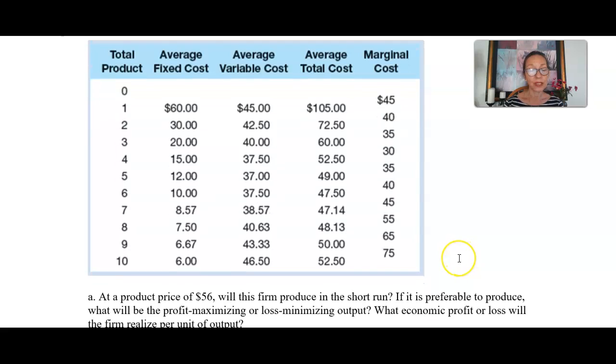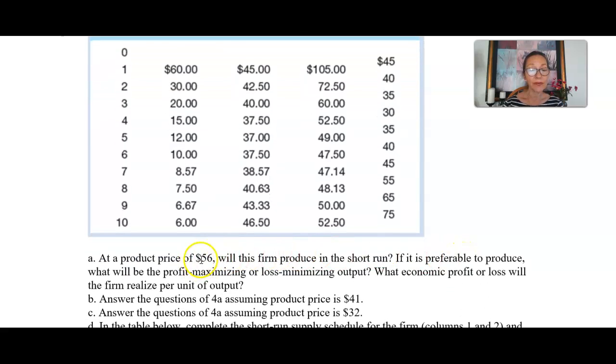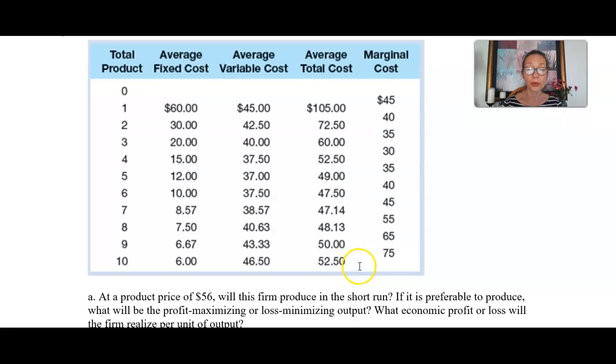The next part, the question says, at a price of $56, will this firm produce in the short run? If it is preferable to produce, what will be the profit maximizing or loss minimizing output? What economic profit or loss will the firm realize per unit of output? So that's a lot of questions to answer. The first question is, should they produce in the short run if the price is $56?